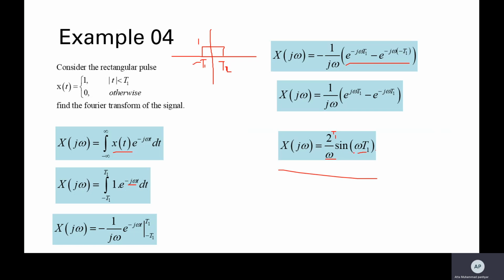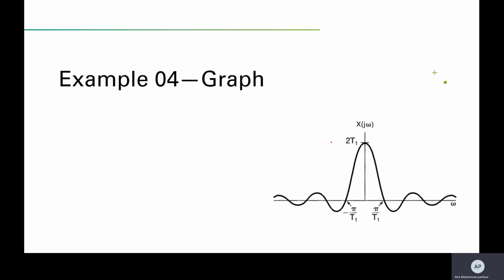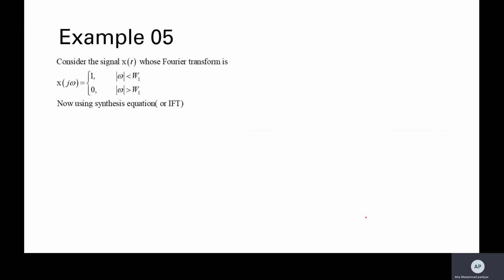So when you apply omega 0 in cos, you will get 1, and when 1 is multiplied with 2t1, you get 2t1. So on the 0 axis it's 2t1, and it would be a sinc function. Its first 0 is at pi by t1. If you put pi by t1 in the signal, you will always get 0. So that's all.